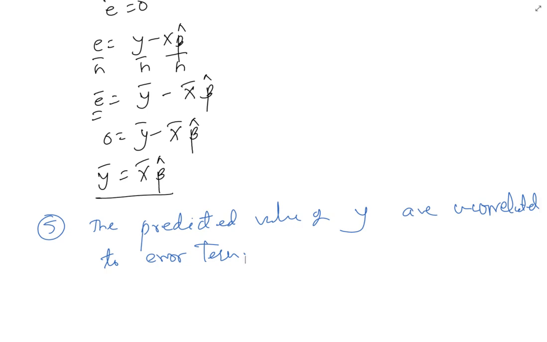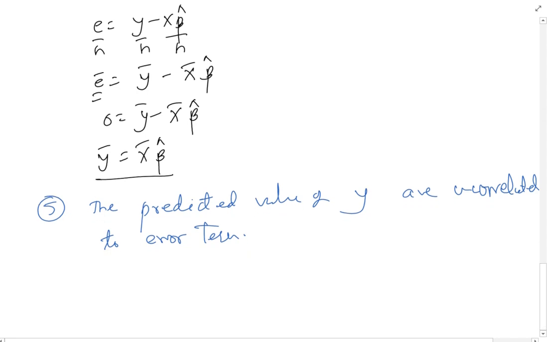What does it mean? It simply means that the value we predict for y, or y hat, must not be influenced by the error term.